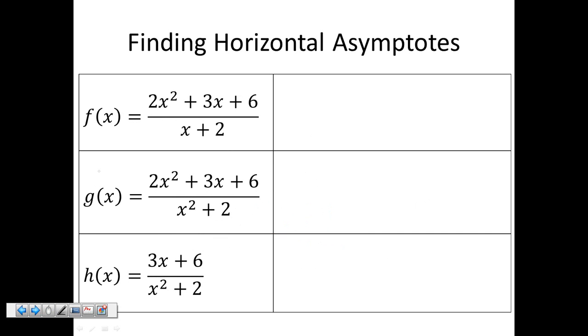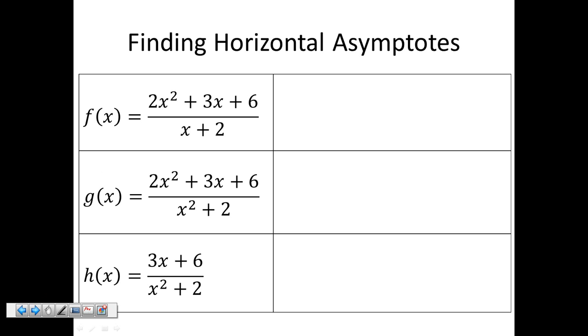All right, so here are three different functions. Where do they have horizontal asymptotes and which one does not have a horizontal asymptote? I'll give you a second. You can write them down. You can try to figure it out for yourself. Here we go. When the degree on the top is bigger than the degree on the bottom, no horizontal asymptotes.